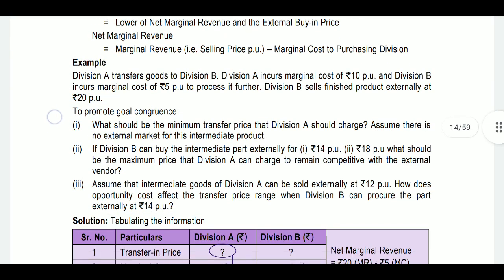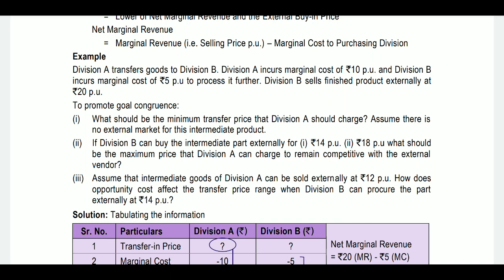Next question. If division B can buy the intermediate part externally, if you buy from outside, we will get it for 14 rupees or 18 rupees. Next, what should be the maximum price? The buyer has a price in mind: we will spend this much and not go beyond it.